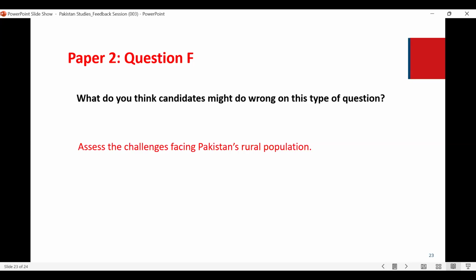And they've really got to focus, haven't they, on that command word. They're being asked to assess. So that's going to require them to think of other factors. And they're going to have to explain which ones are most important. So that's really what they need to be thinking about.